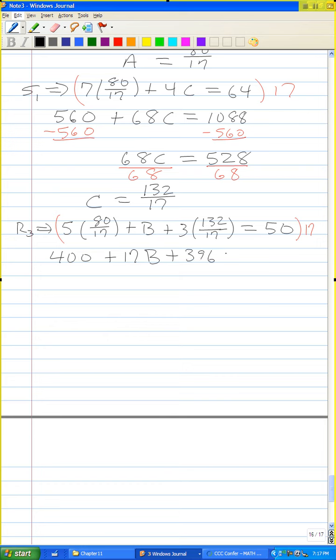Equals 17 times 50, 850. And so I have 17B plus 796 equals 850. Subtract 796 from both sides.